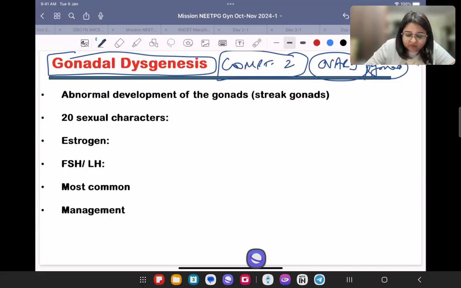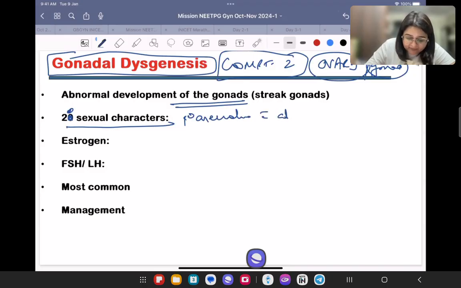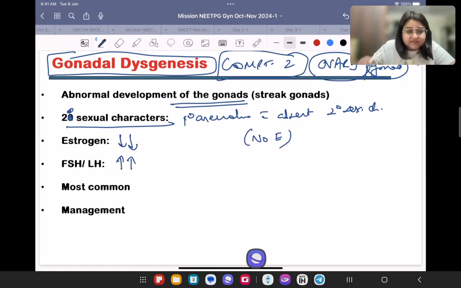There is abnormal development of the gonads, and as a result, will the secondary sexual characters be present or absent? A person who has a compartment 2 or ovarian problem will present with primary amenorrhea with absent secondary sexual characters, because the problem now lies at the level of the gonad. There is no estrogen. So estrogen levels are low, and that in turn results in a positive feedback, so FSH and LH levels are going to be high.